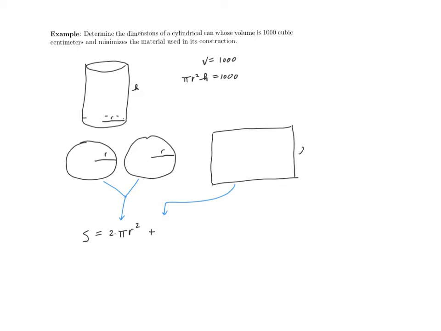When we unwrap the cylinder, it's still going to have that height h, but its length now for this resulting rectangle would be the circumference of that associated circle making up the top or the bottom. So the circumference would be 2 pi r.